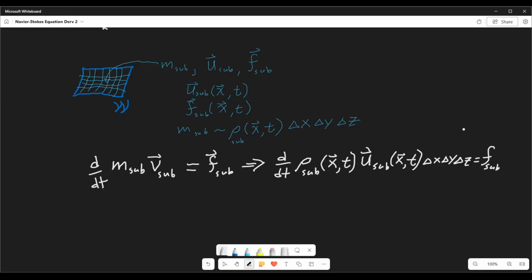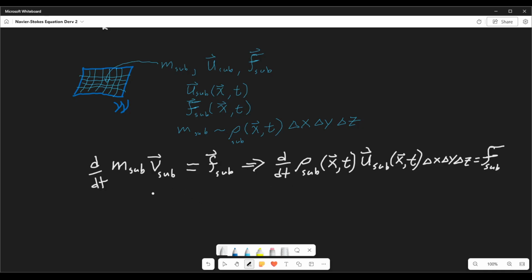Basically this force is, I actually need to go ahead and change my notation slightly here, because this is actually going to be the capital F force, which means the total force on the sub, which of course will also depend on space and time.